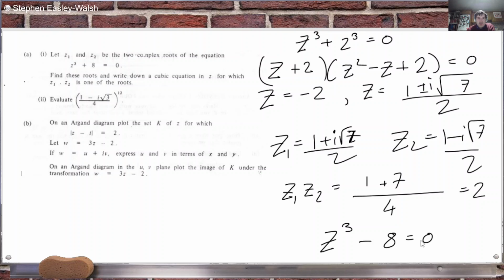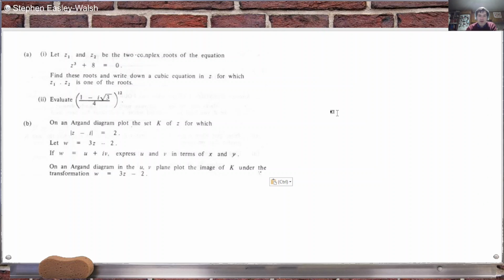Okay. Evaluate that, power 12. All right, polar form time. So that's going to be positive a quarter.